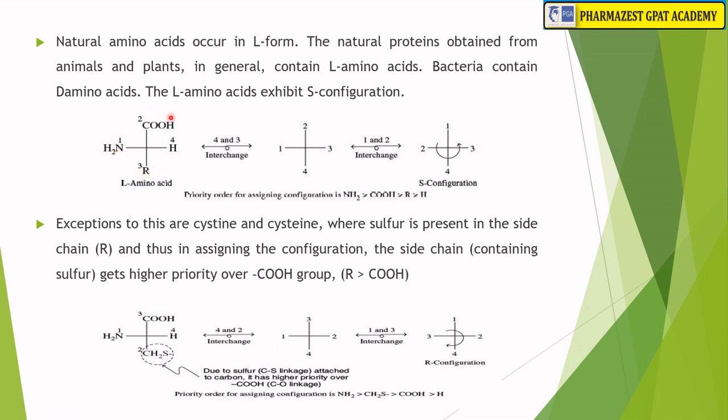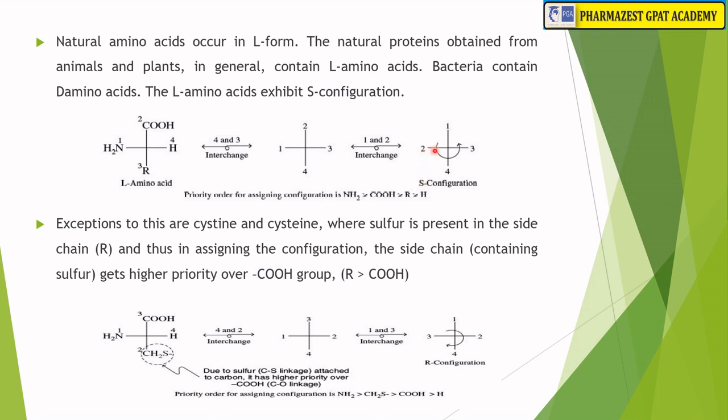So the rotation is seen toward the left side like this. The natural proteins obtained from animals and plants in general contain L amino acids. Bacteria contain D amino acids. The L amino acids exhibit S configuration.